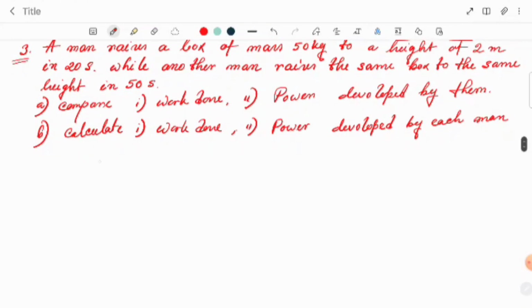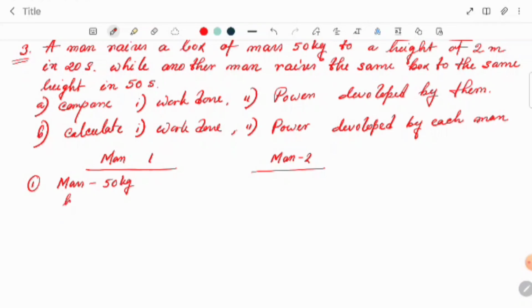So here, suppose this one is man 1 and this one we can say man 2. Man 1, mass is same for both, mass 50 kg and height h is 2 meter, time is given 20 seconds.